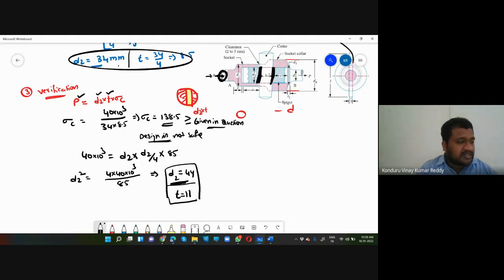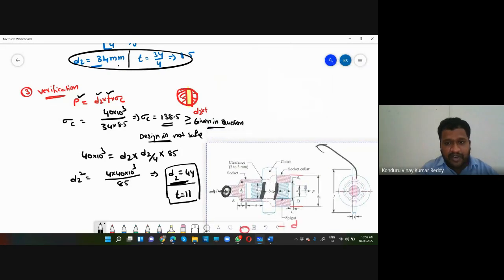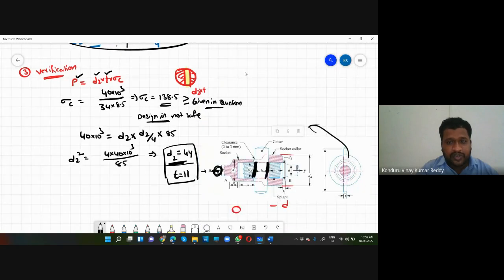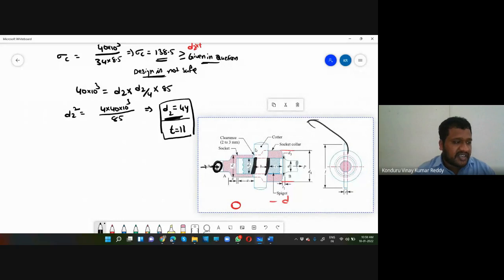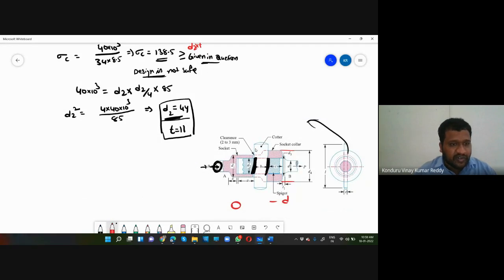Okay, now we have gone through our third formula also. Now we should go for our fourth formula, that is the outer diameter of socket.